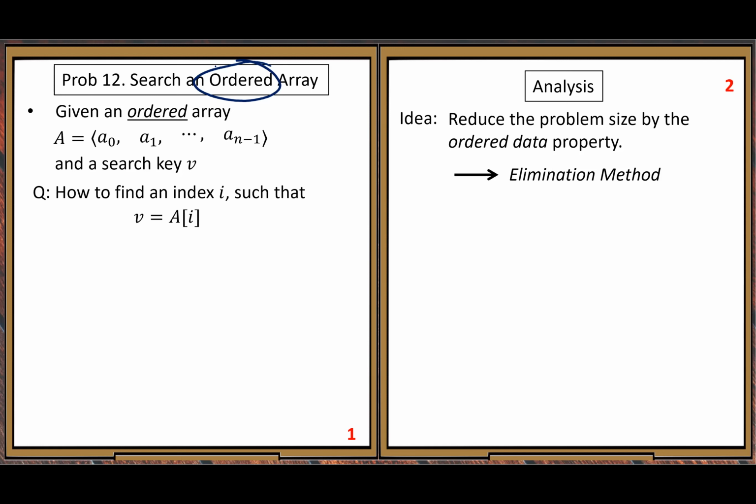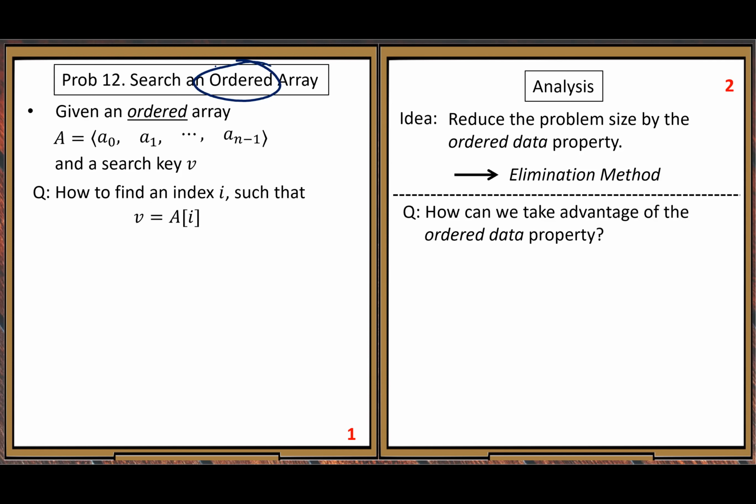This is a good example showing you the power of the elimination method. How can we take advantage of the ordered data property? With ordered data, you can make good predictions for the search key location.